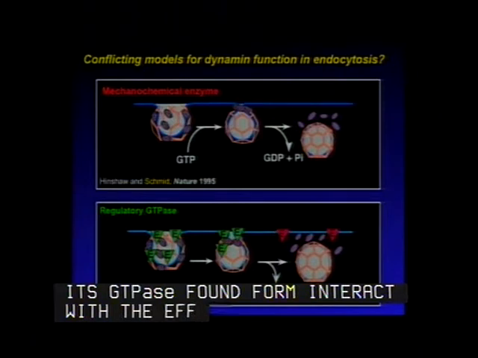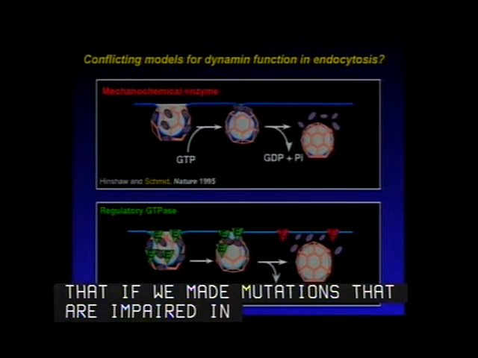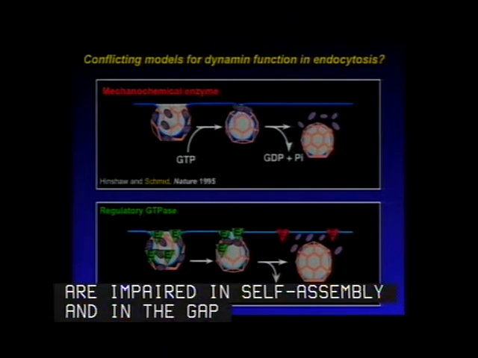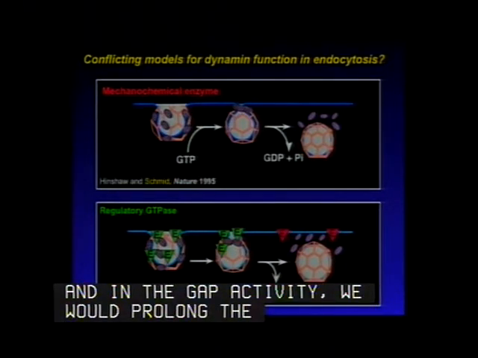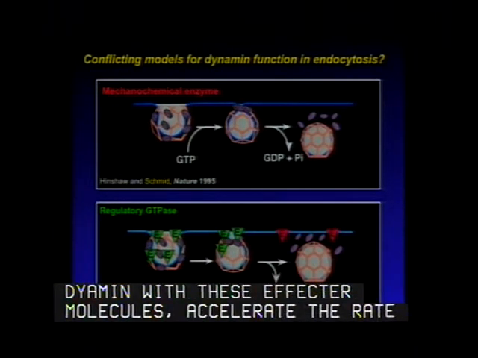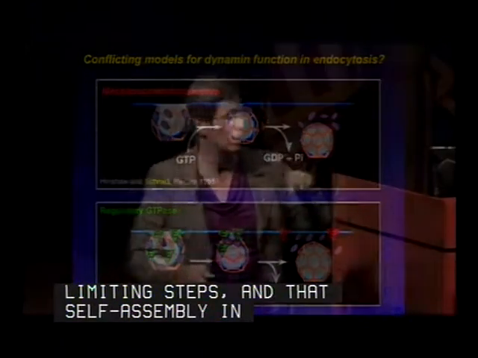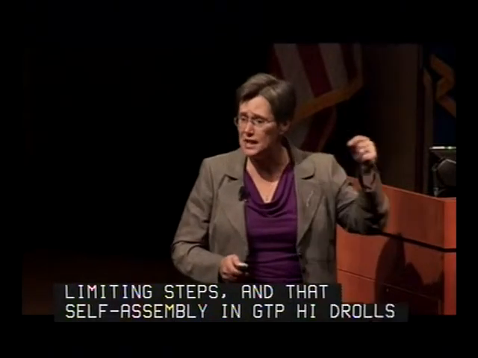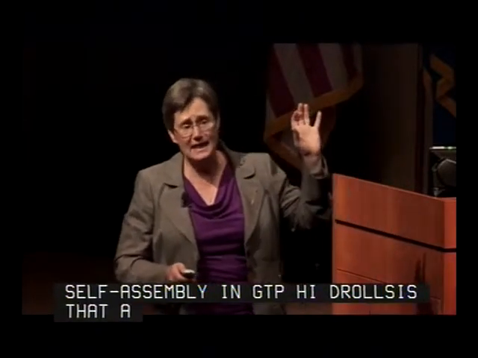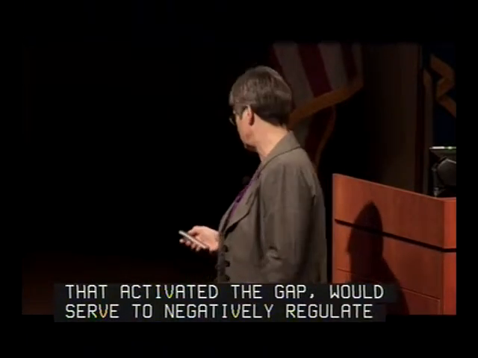So if we make mutations that are impaired in self-assembly and therefore in GAP activity, we would prolong the interaction of dynamin with these effector molecules and accelerate the rate-limiting steps of vesicle formation. Self-assembly and GTP hydrolysis, which activated the GAP, would, like other GTPases, serve to negatively regulate activity and turn off the molecule for recycling.